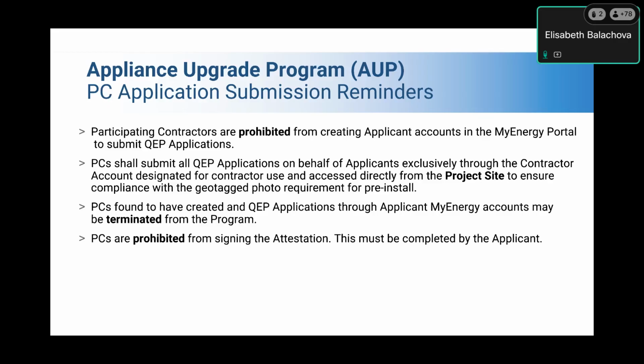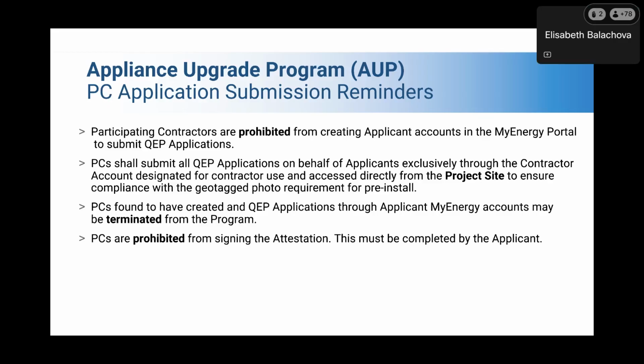We bring this up because we have noticed this from some of our partners. We are confirming and reviewing applications. And if we notice anything that doesn't look up to par, we are reaching out to applicants to confirm how applications are being submitted.